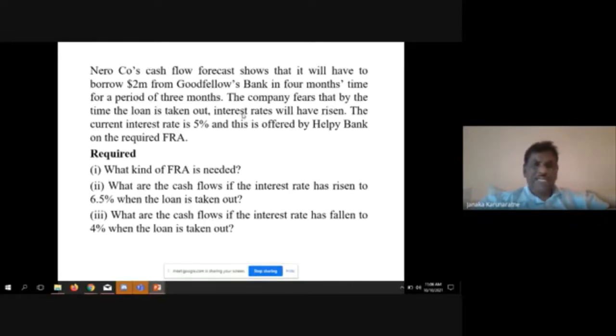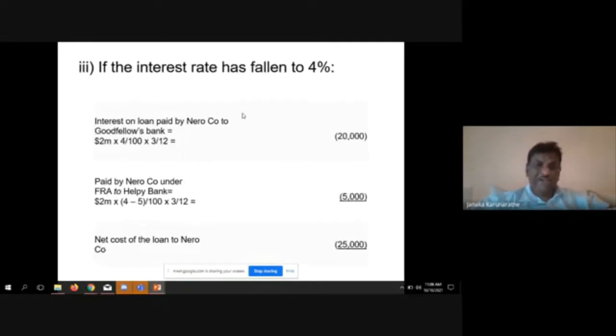Now look at what the cash flows are if the interest rate has fallen. Let's say the interest rate has fallen to 4%. Okay, now I still have to pay 5% under the FRA. If the interest rate has fallen to 4%, what happens? I will borrow more cheaply now because the market interest rate is 4%. So I will borrow at 4% for 3 months. I have to pay an interest cost of 20,000.